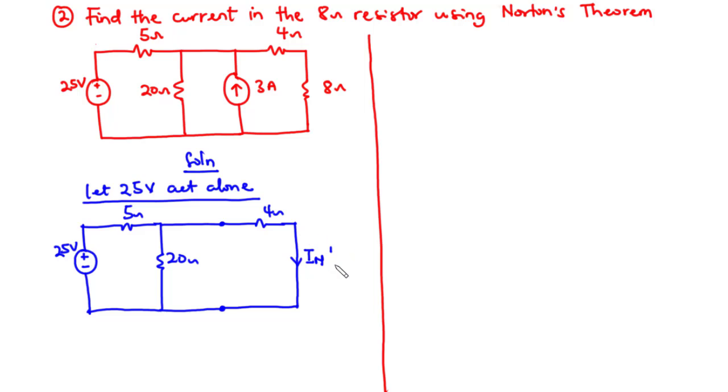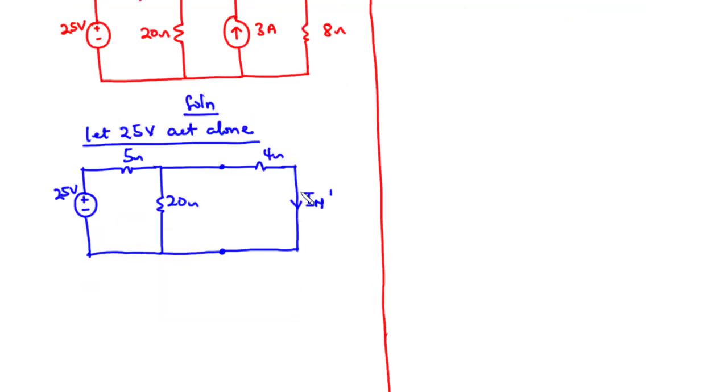So this In prime is the value of short circuit current that is flowing through this branch when the 25 volts is acting alone. So let's find the value of In prime. Now even before that, we need to find the value of the total current produced by the 25 volts when it is acting alone. Then we can find the value of In prime.